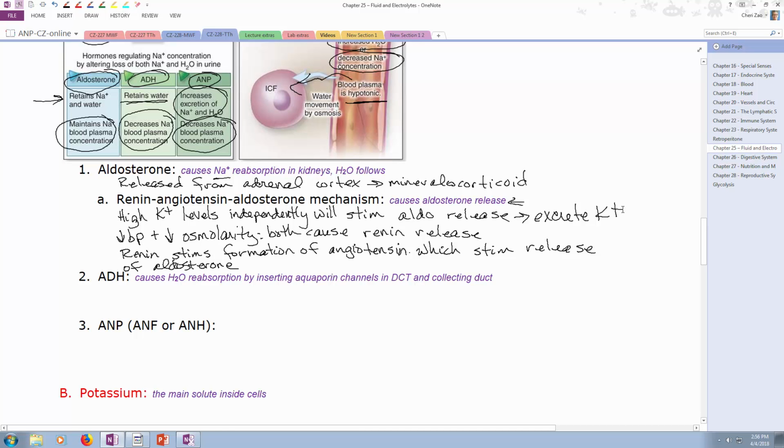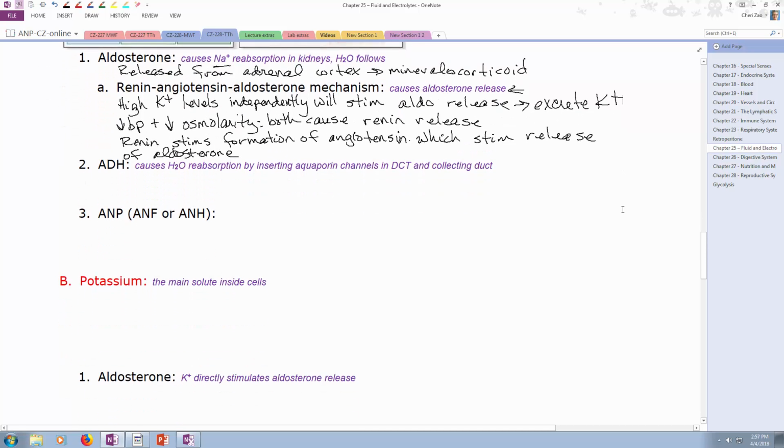Okay, antidiuretic hormone, we know that causes the reabsorption of water by the insertion of new aquaporins into the luminal side of our distal convoluted tubule, and more importantly, our collecting duct.